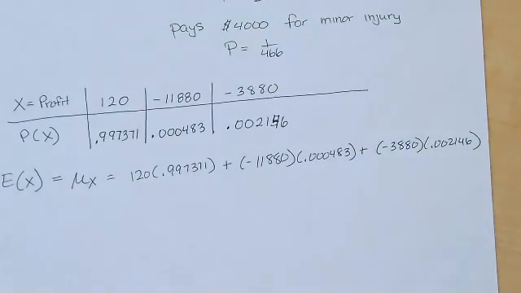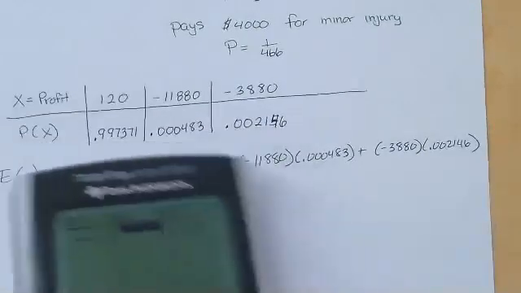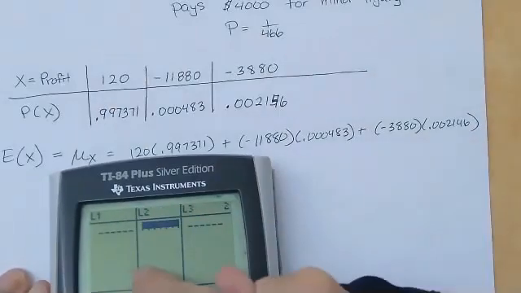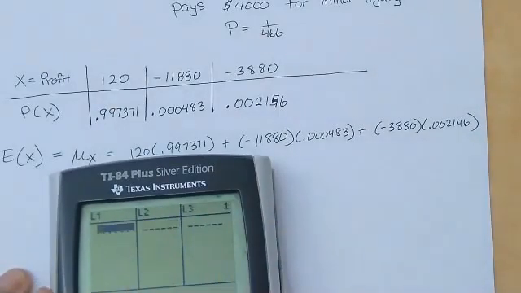And because it asks for the standard deviation, this is not so bad. I don't mind entering that in the calculator, but I don't think I really ever want to enter a standard deviation formula into the calculator just because there's just too many parentheses and exponents and too easy to make a mistake. So I'm going to go ahead and put all of this probability model into my two lists. So I got 120, I got negative 11,880, and I've got negative 3880.